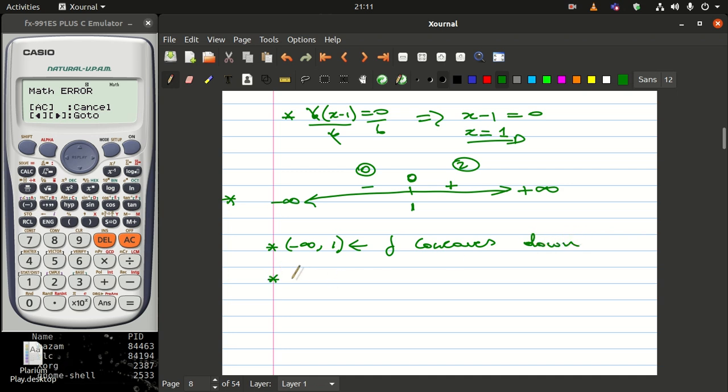And then if you look at this point here from 1 up to positive infinity, you can see that we have a positive. So because we are having positive, f actually concaves up. So that is what is important here.